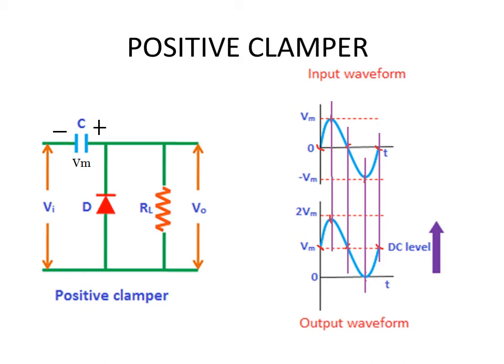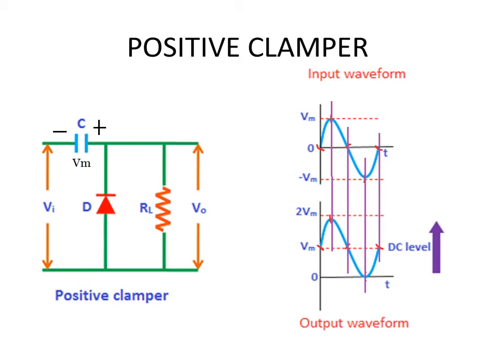So I have drawn on the right side the output waveform. We have reconstructed 3 points when the input was 0, and 2 points when the input was positive maximum and negative maximum.